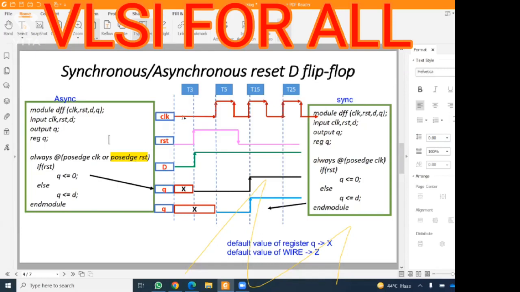So in this T3, this condition got satisfied because there is a positive edge in reset. So this block triggered at T3 also. At T5, the block got a positive edge of clock, so this got triggered at T5. But in the synchronous case, this code does not trigger on T3 because it is only looking for a positive edge in clock.